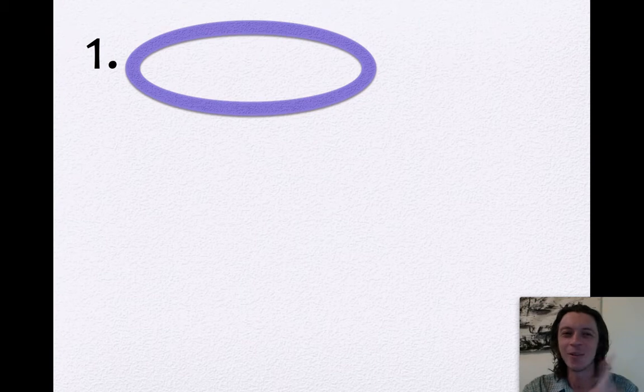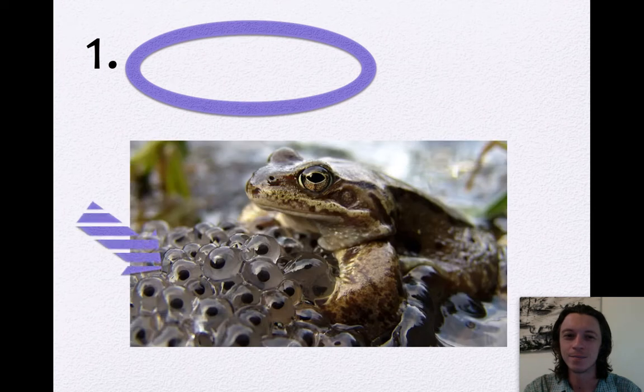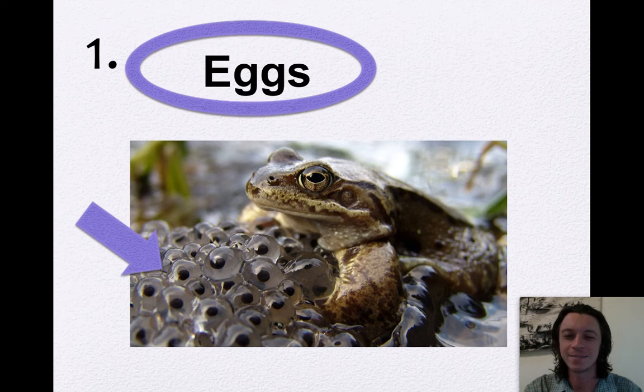Okay, so number 1 for the life cycle of a frog: eggs. Same as butterfly, step 1 of the life cycle of a frog is eggs. Male or female?